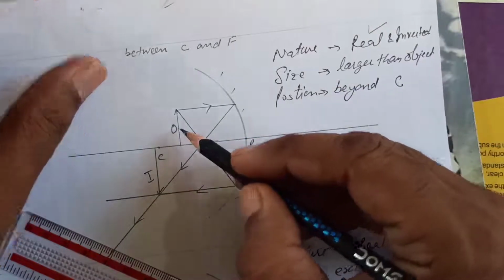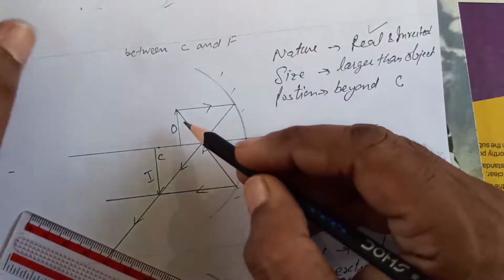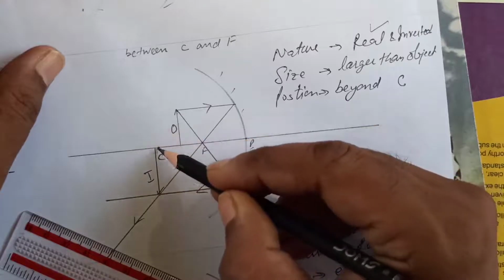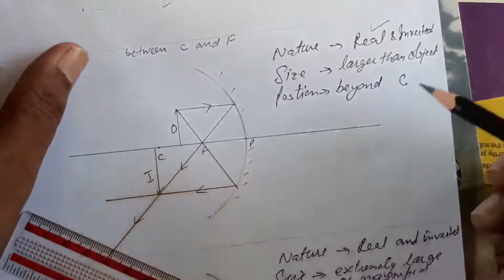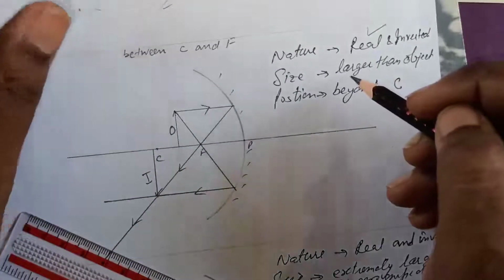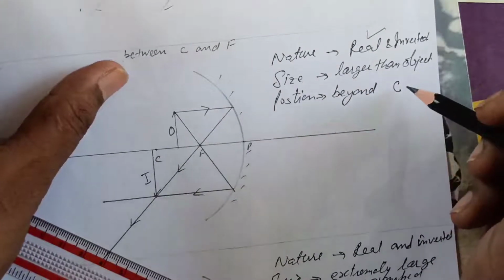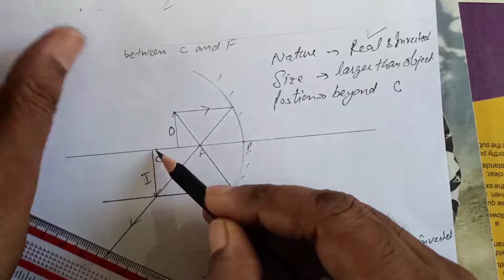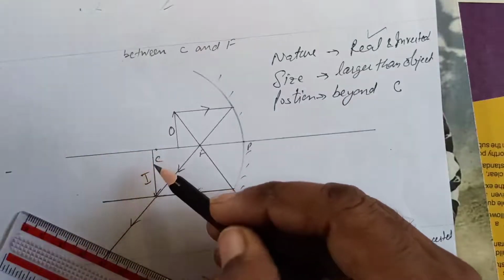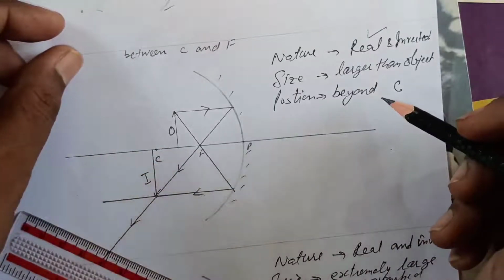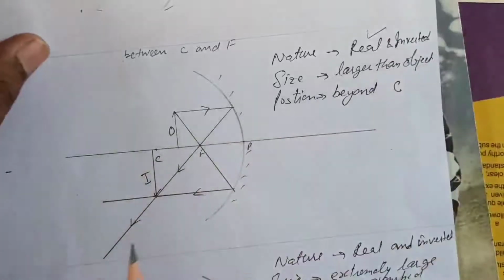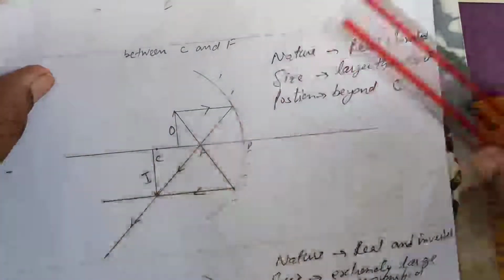See, when you make it yourself, you can easily see the object is smaller, the image is bigger. So the size of the image is larger than the object, and it is formed beyond C. Beyond C, this is C, it is formed after C on the left side. So we call it beyond C. So these are the characteristics of the image. Now come to the last case.